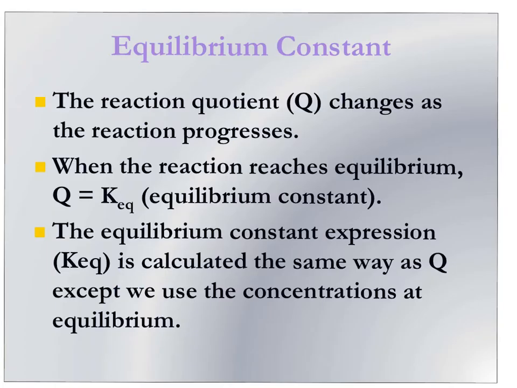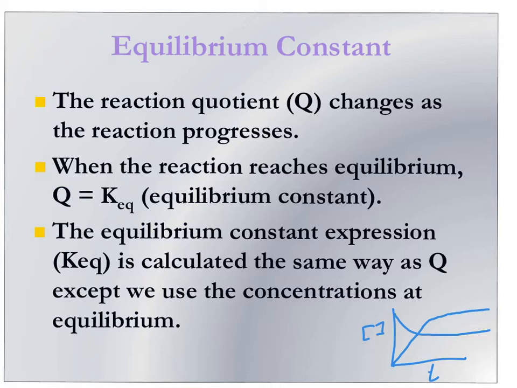Now, as the reaction progresses, your Q is going to change, right? So we've been drawing these every time here. If you look at your concentration versus time, remember we said reactants start out pretty high, they decrease, and then over time they remain constant. Products increase, and then over time they remain constant.